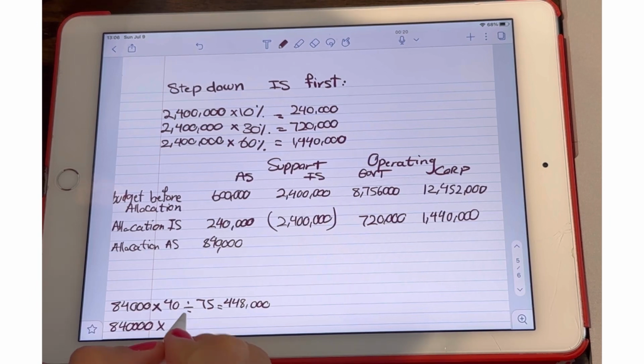I just missed one zero for the first $840,000.